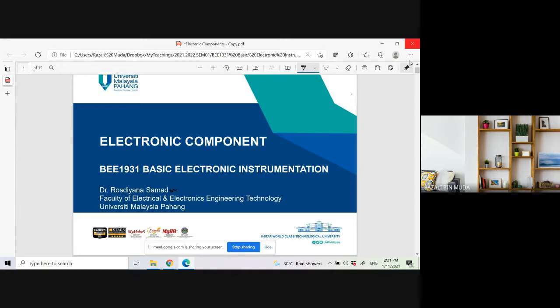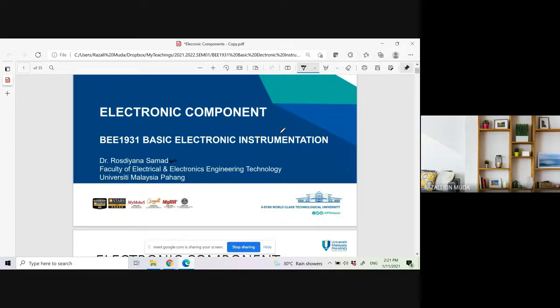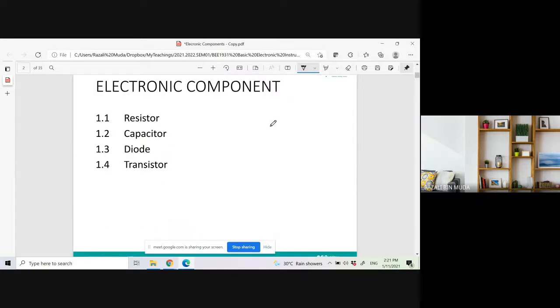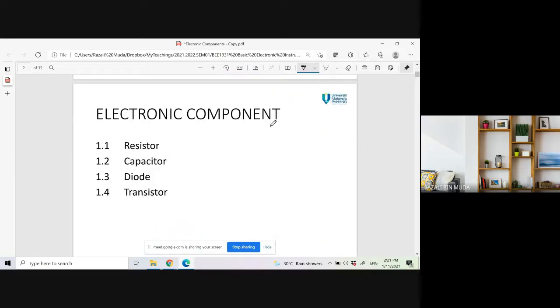I hope you have a copy of this slide. Today we will cover the first component, the resistor, then the capacitor. Another two components will be covered in another video.